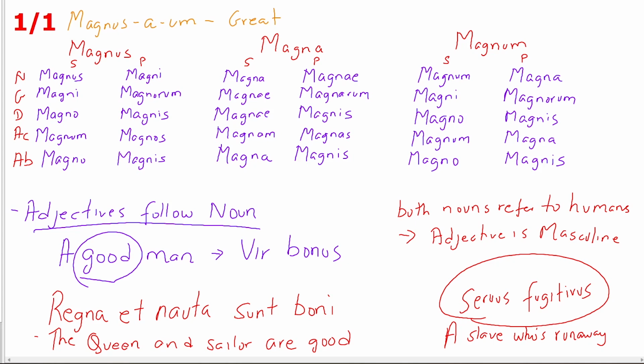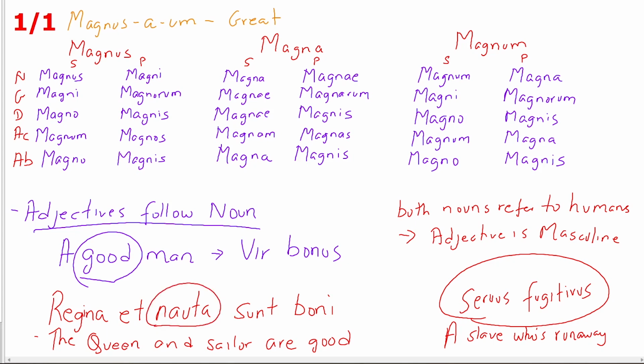Now we have said that the noun and the adjective should match in gender, in number, and also in case. But as the rule goes, Regina is human, queen is human. What is the meaning of Nauta?